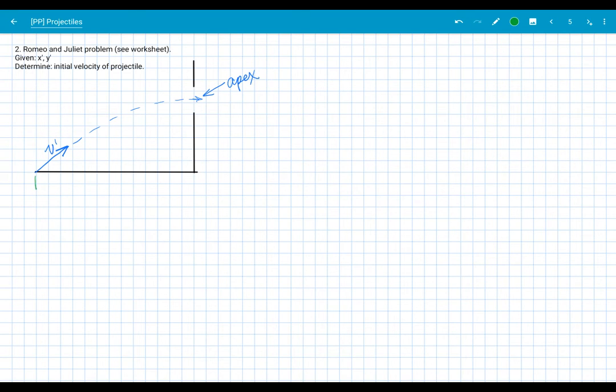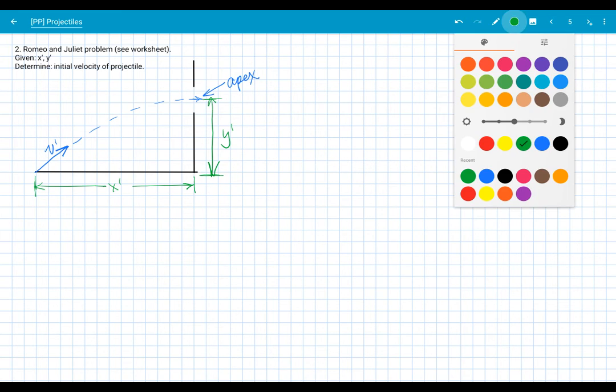So this is given as x prime, and this is given as y prime. So those are just basically given to us as distances, but we are going to make those into our values for substituting into the kinematics equations. Okay. And I think that's pretty much what we got here.